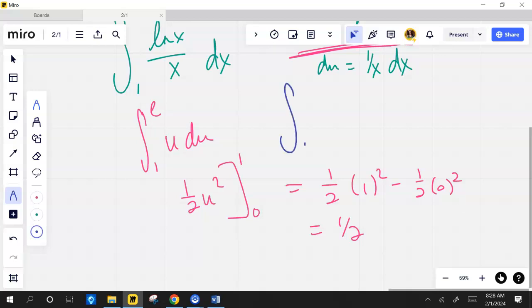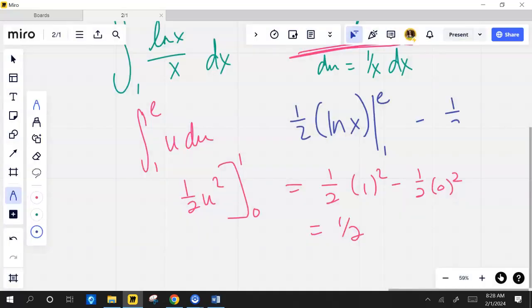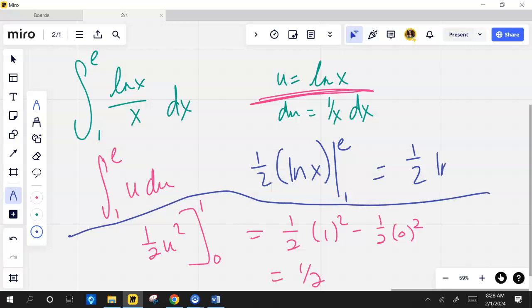What if you hadn't adjusted the bounds and instead just plugged in? You still get the same, 1/2 log e minus 1/2 log 1, which is the same thing.